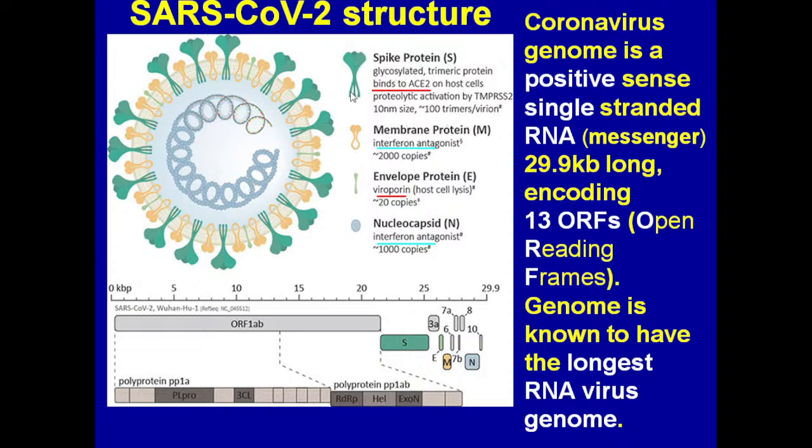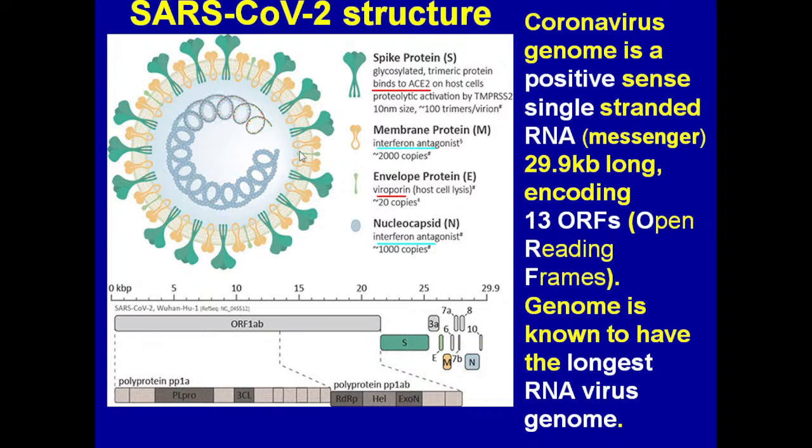It is around 10 nanometers in size, and they are distributed along the phospholipid bilayer, and one virion particle has around 100 trimeric glycoproteins on it. Then you can see here the membrane protein, and it is believed that the membrane protein is an interferon antagonist. So it means it decreases the activity of interferon. And in the virion, we have around 2000 copies of this protein.